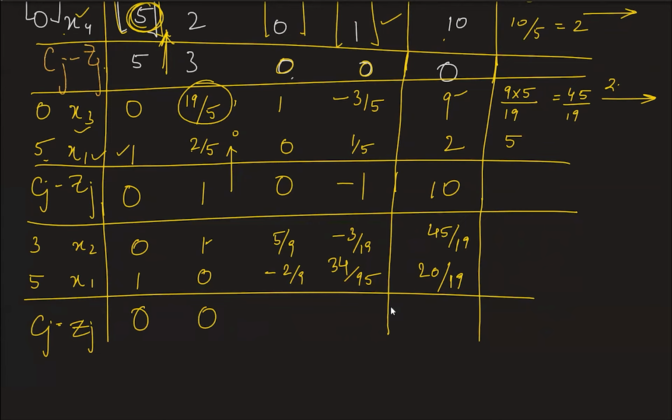So 0 minus 15 by 9 plus 10 by 9. So that would be minus 5 by 9. Similarly, here it should be minus 9 by 19. So basically minus 45 by 19 minus 45 by 95 minus 34 by 95.